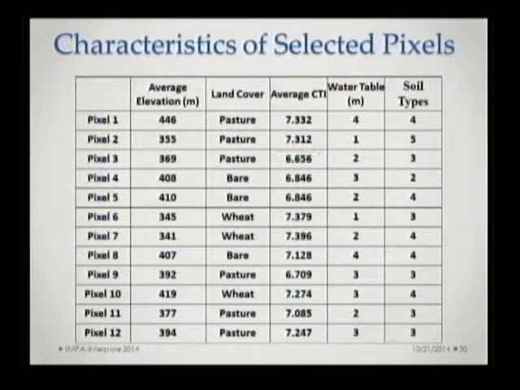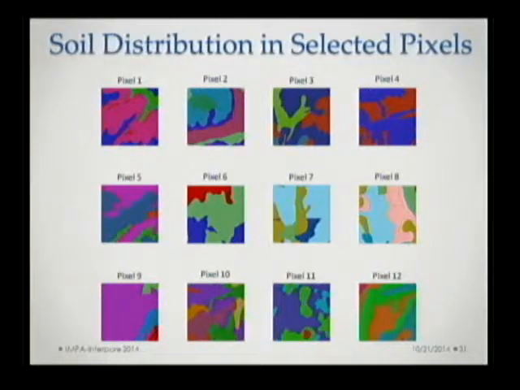Right? And we had different water table depths and different soil types within the pixels. So there was just a distribution of the soils within those pixels. Some had a much larger distribution than some which had just a couple of soils, which would be easier.